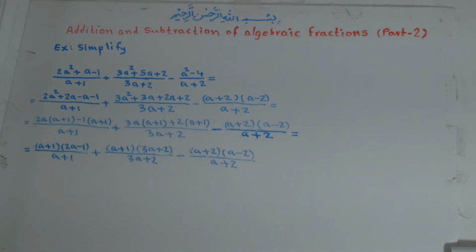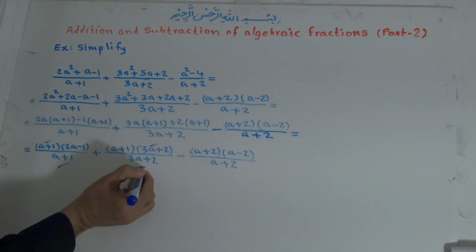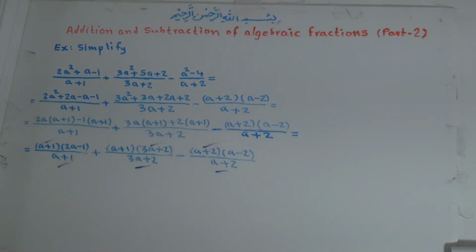Now we reduce the same kind: a plus 1 reduces with a plus 1, a plus 1 reduces with a plus 1, 3a plus 2 reduces with 3a plus 2, and a plus 2 reduces with a plus 2.